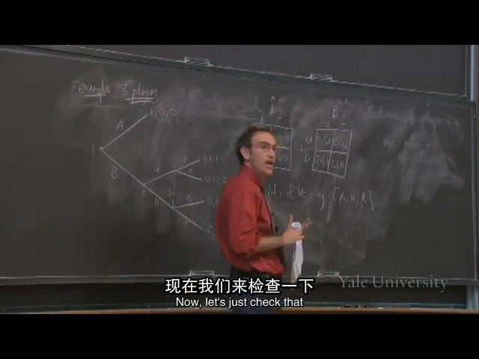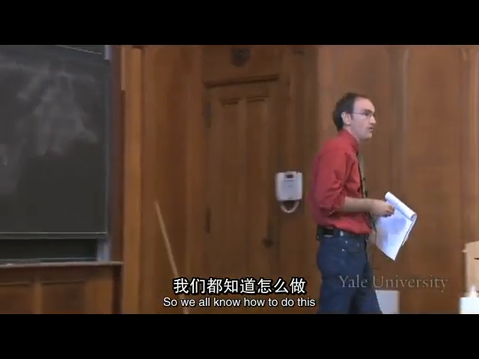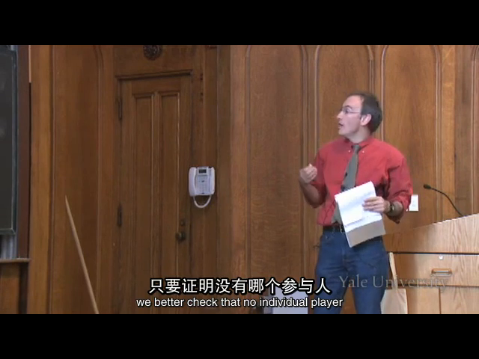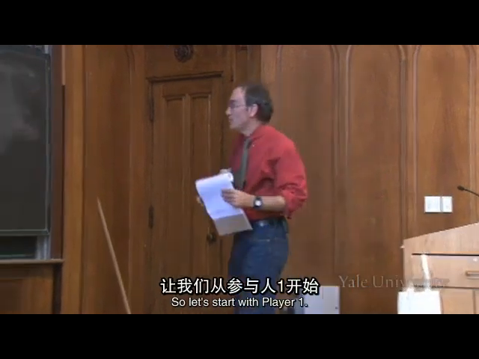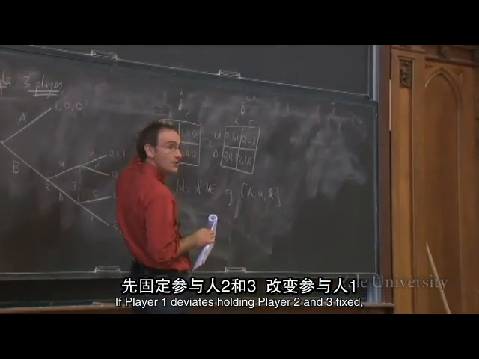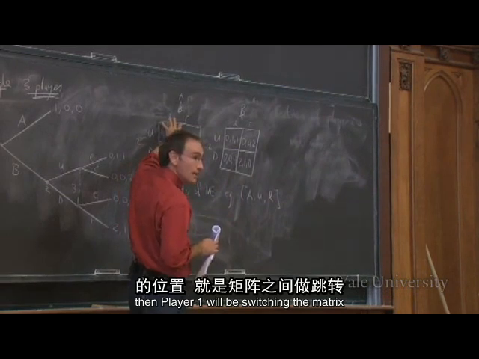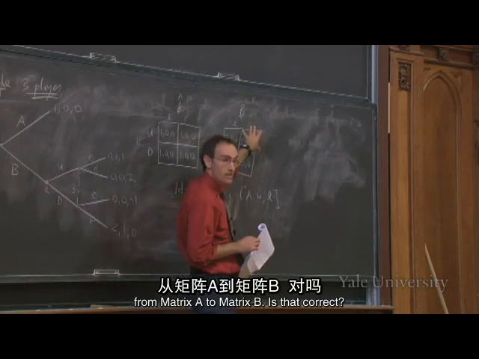Now let's just check that that actually is a Nash equilibrium. We all know how to do this from the first half of the class. To check that that's a Nash equilibrium, we better check that no individual player can do better by deviating. So let's start with player 1. If player 1 deviates, holding player 2 and 3 fixed, then player 1 will be switching the matrix from matrix A to matrix B. Is that correct?